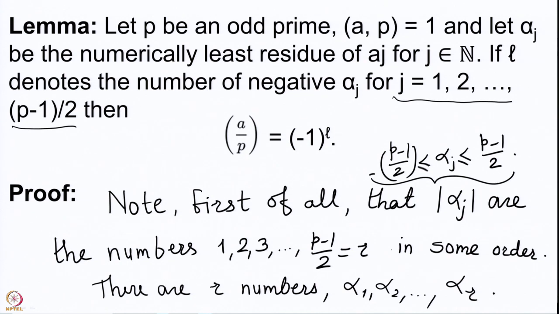So, you have r different numbers. If we could prove that when you take the modulus of these r numbers, you are going to get different numbers, then these will have to be equal to some number from 1 to r.